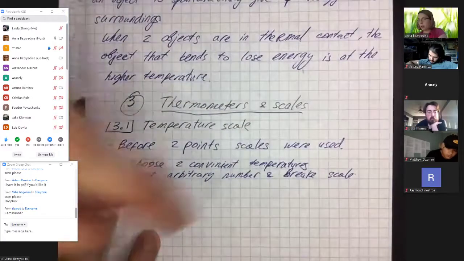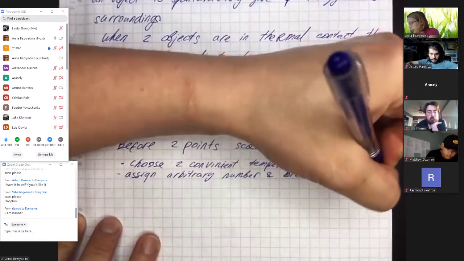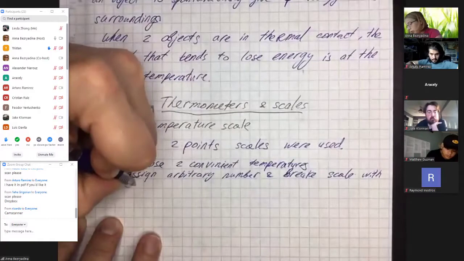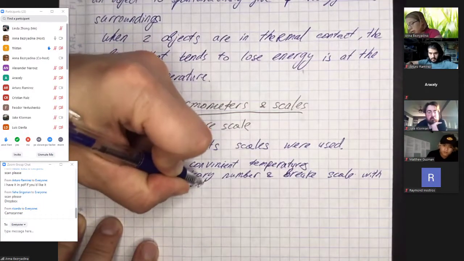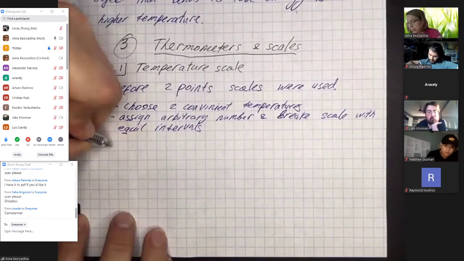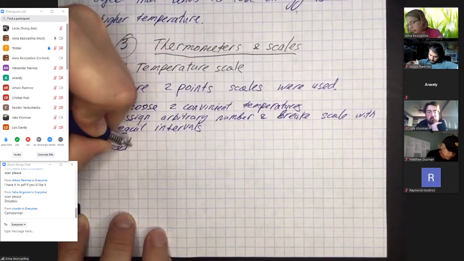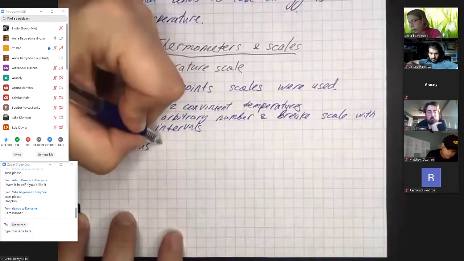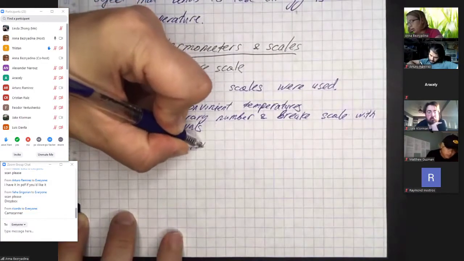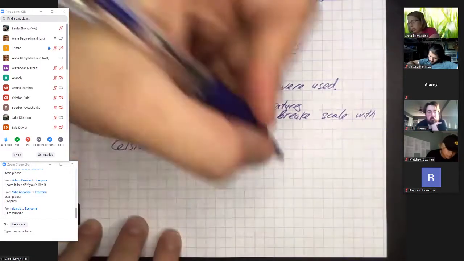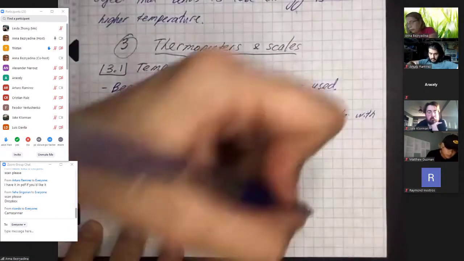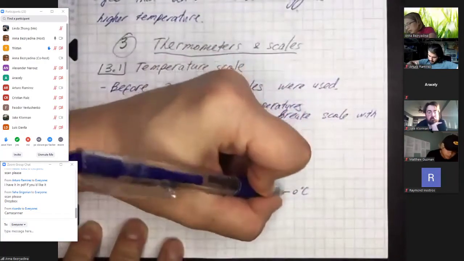Scale, okay, with equal intervals. And this is exactly what they've done. For example, in Celsius, we have 0 to 100 degrees Celsius. So what they did, we defined here will be our 0 Celsius.